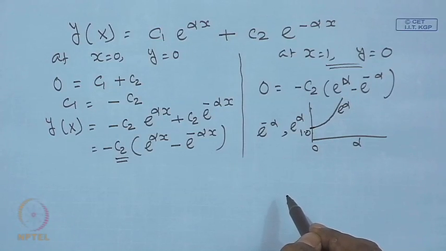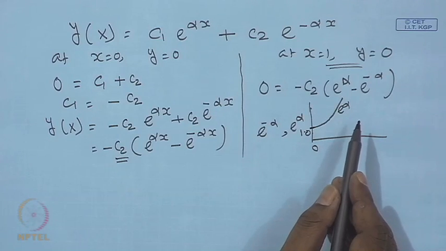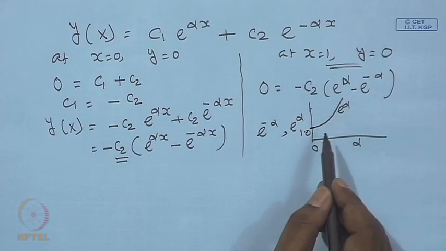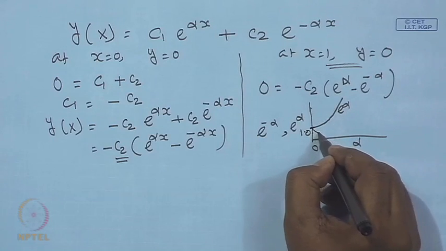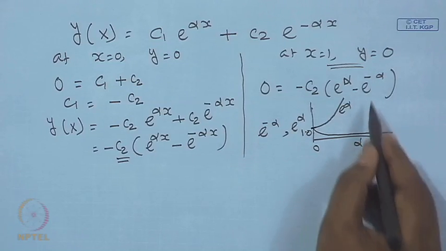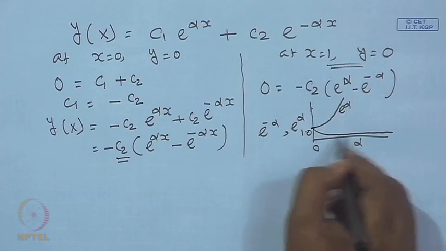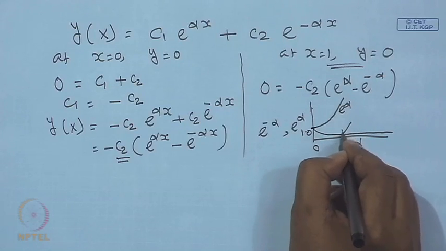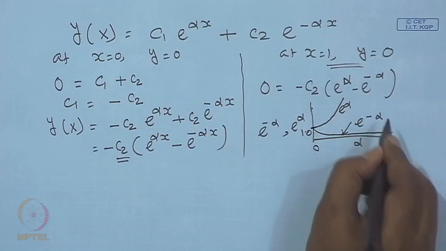If you look into the value of e to the power minus alpha, for alpha is equal to 0, e to the power minus alpha is 1 and it decreases exponentially. For alpha going to infinity, it will be 0, so it varies from 1 to 0. So, therefore, e to the power minus alpha is always positive.